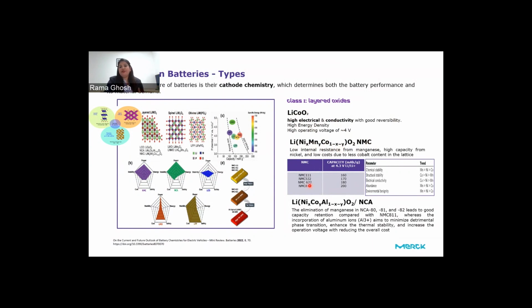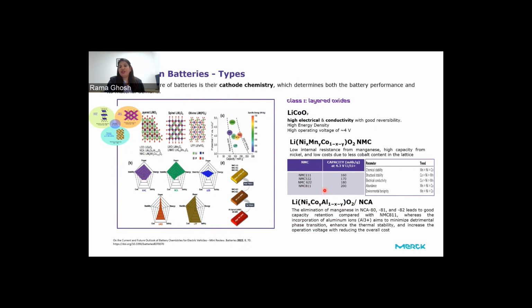From the beginning, it started with the NMC 111 composition. Now it is NMC 811, which is widely used for EV applications. At the same time, NCA, which is lithium nickel cobalt aluminum oxide, is another type of cathode with a similar structure to NMC, but it also has good capacity retention compared with NMC 811.